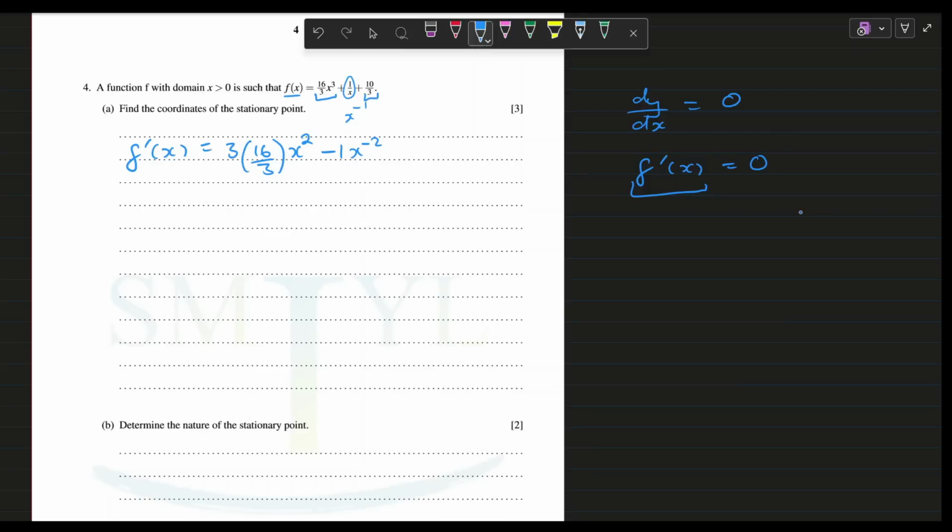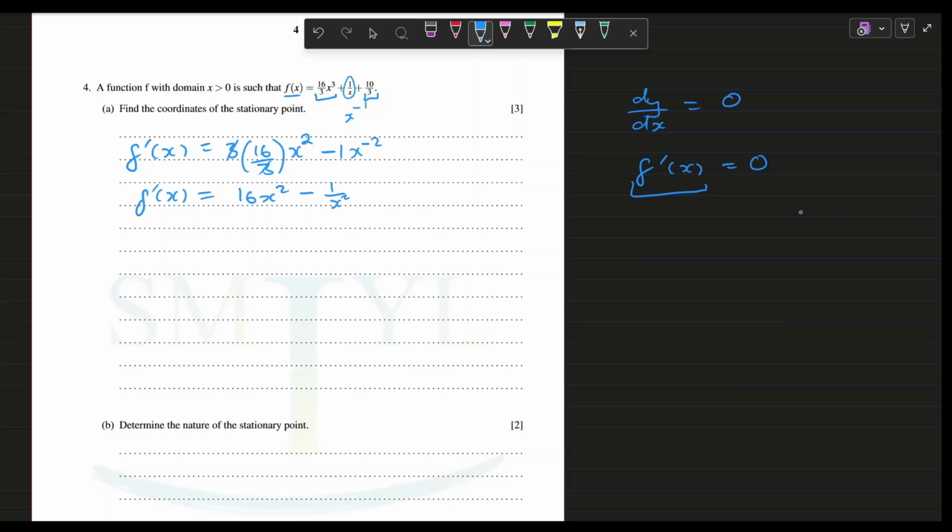Then you've got plus 10/3. That's a constant. If you differentiate a constant, you get 0. So that means f prime of x is equal to, it's going to cancel out here, so you've got 16x squared, and then that's minus 1 over, I'll bring the x to the negative 2 to the denominator, so it becomes x squared.